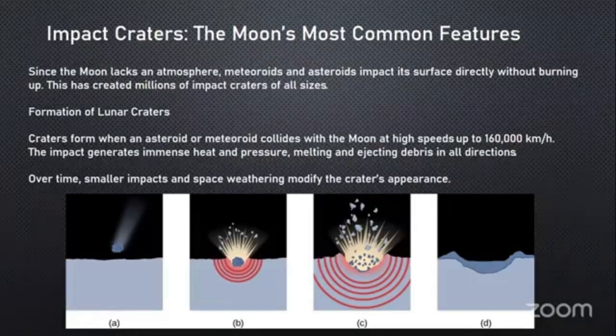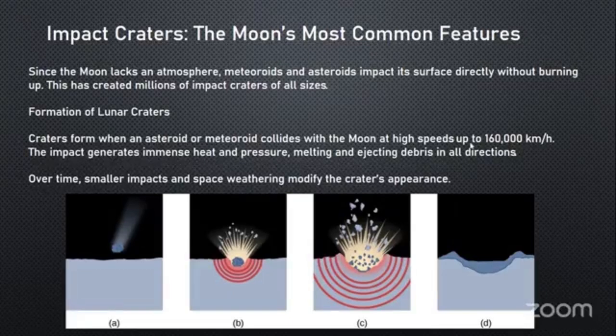Craters form when an asteroid or meteoroid collides with the moon at a high speed of about 160,000 kilometers per hour. At such kinetic energy, the impact can generate immense heat and pressure, enough to melt the surface it touches and eject debris in all directions.